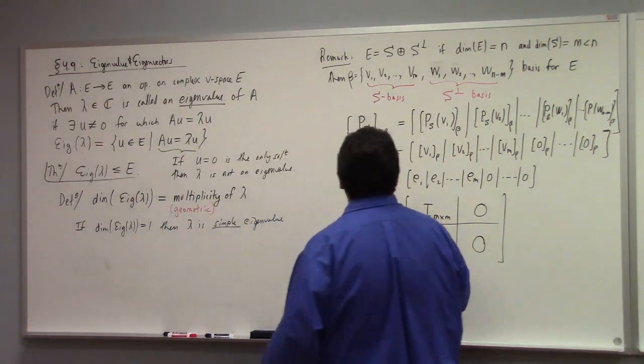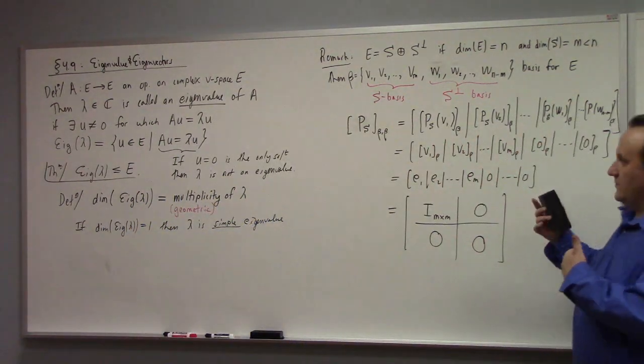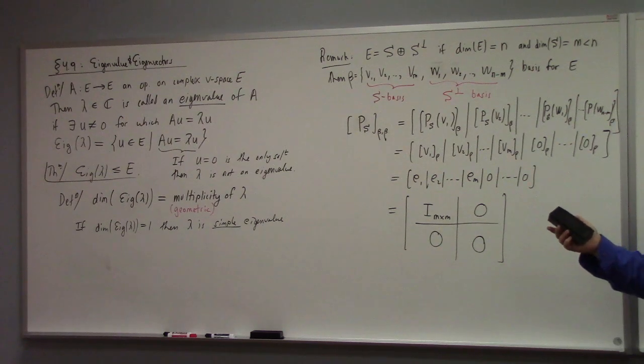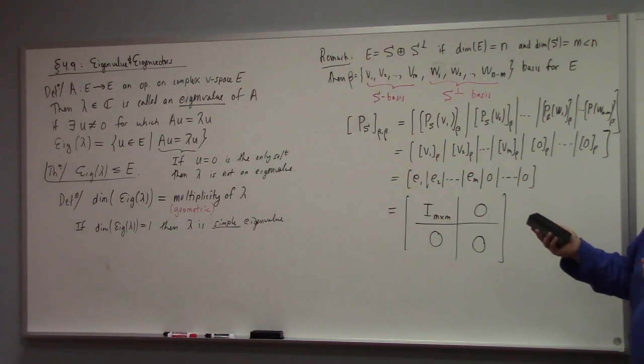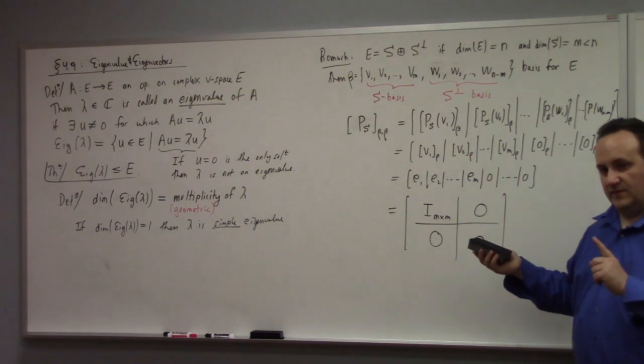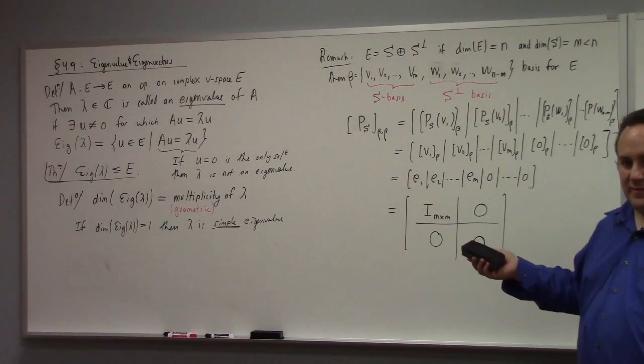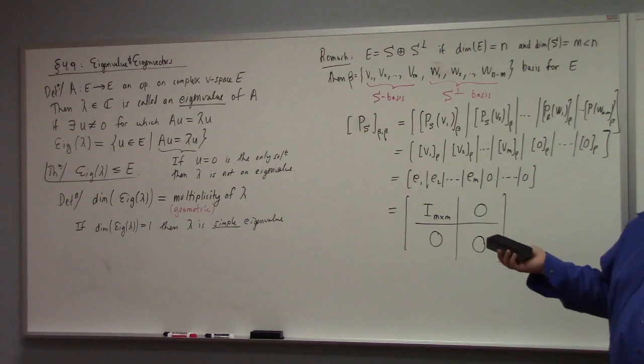Okay, so for example, if S is one-dimensional, if S is a line, then eigenvalue 1 is a simple eigenvalue, and eigenvalue 0 is probably a degenerate eigenvalue, unless you're in two dimensions, in which case 1 and 0 are both simple.